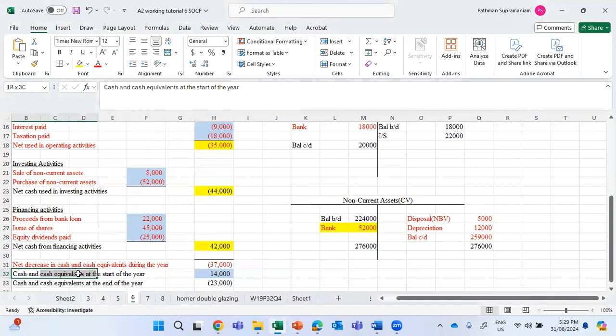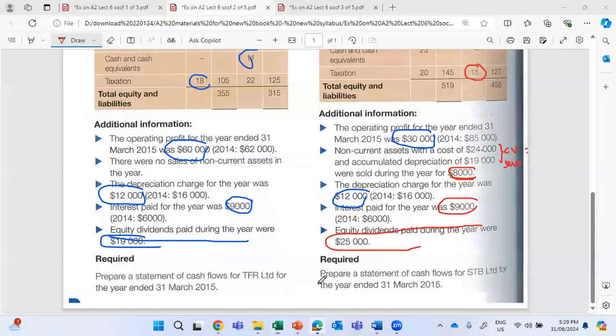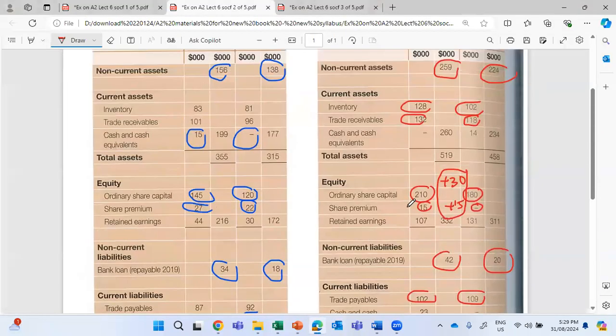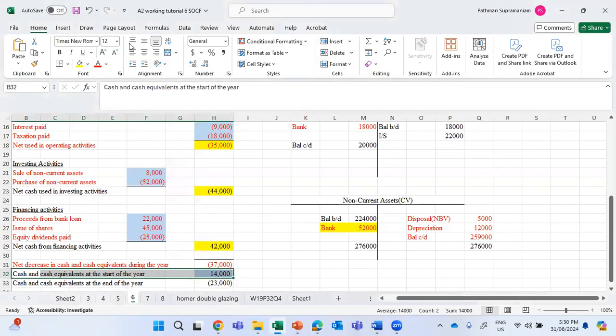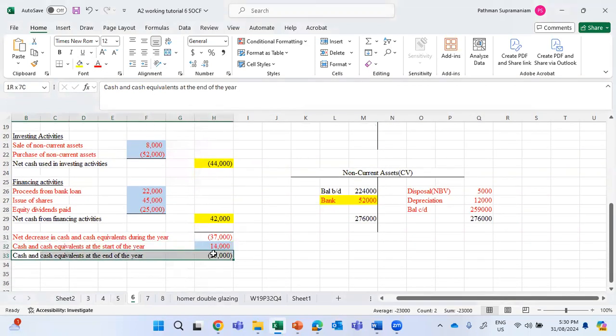Then we add the cash and cash equivalent at the start of the year, which is 14,000 coming from last year's SOFP. It's positive 14,000 because it's appearing under the current asset. If it was under current liability, then I would have put minus bracket. So negative 37 plus 14,000 would be equal to negative 23,000.